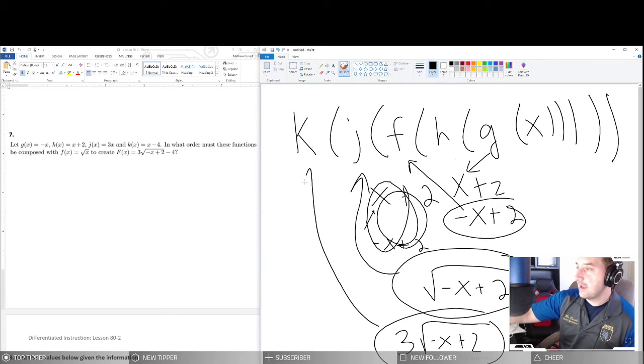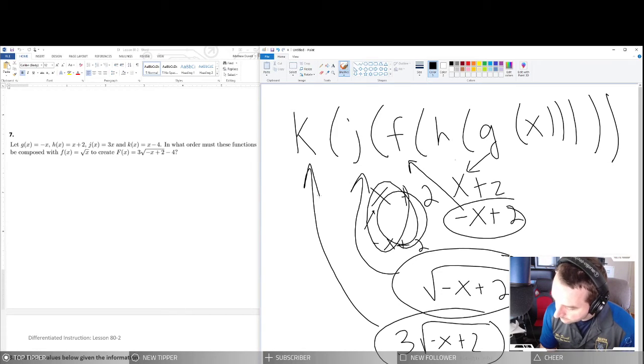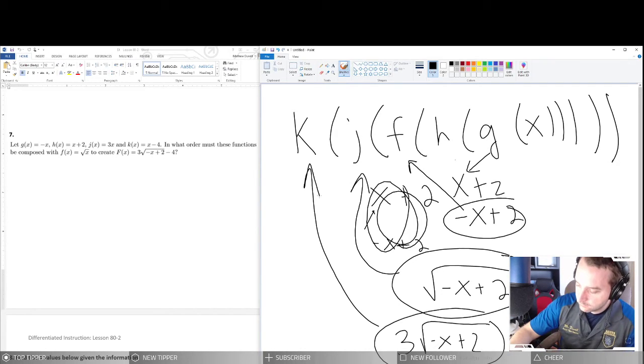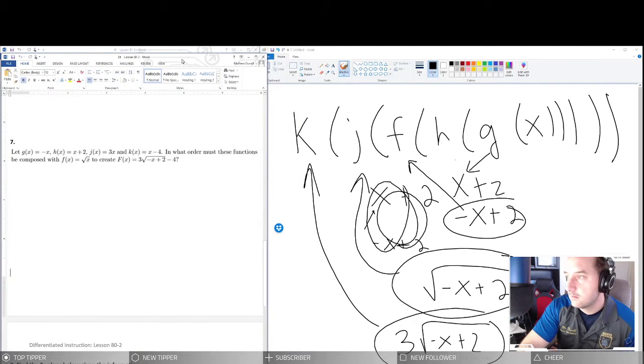And then you take that and you plug that into your k, and that's what gives us that minus 4 at the end. Does that make sense, Jocelyn? So you plug the g into h, into f, into j, into k.